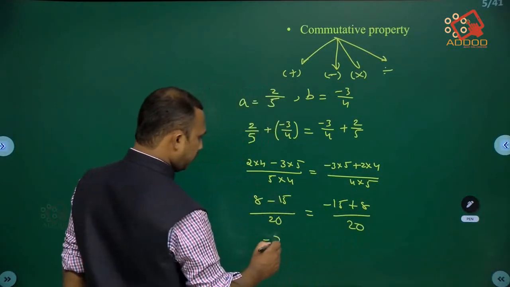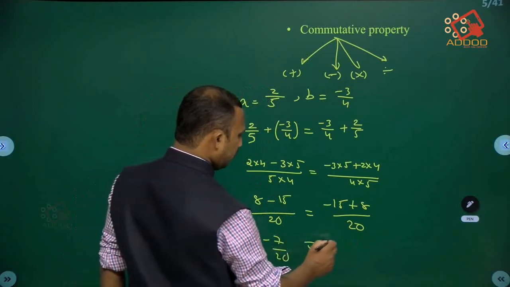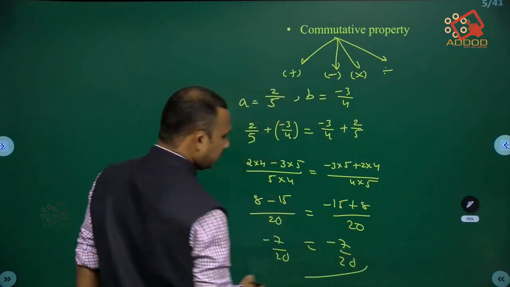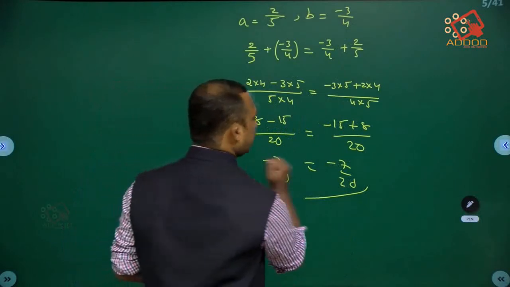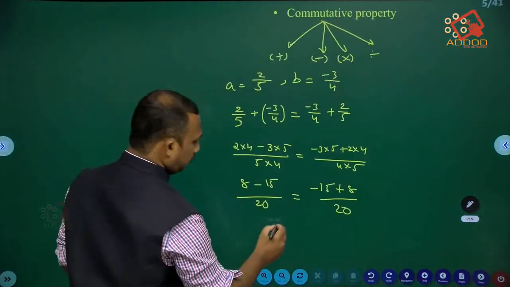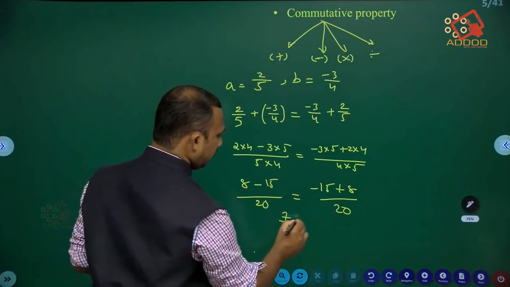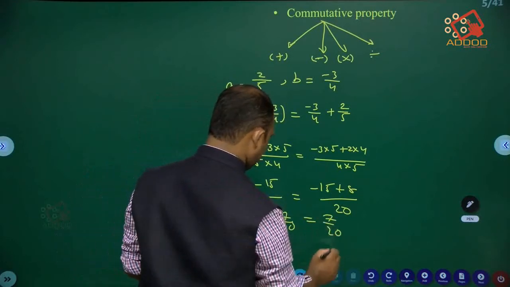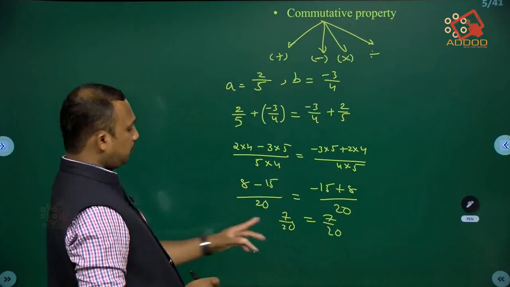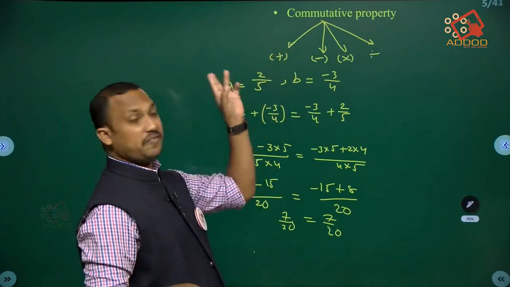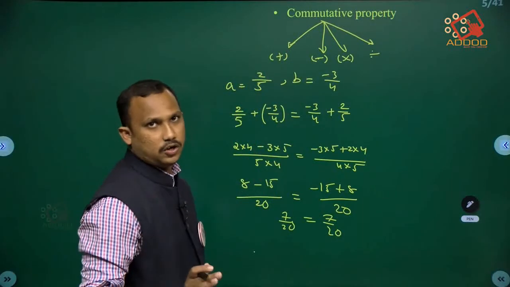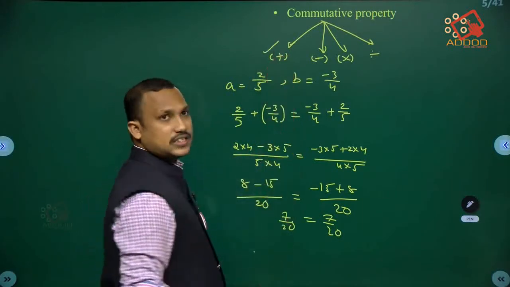So minus 7 by 20, minus 7 by 20. So both sides you got the same answer. Understand? So both sides you got minus 7 by 20 equal to minus 7 by 20. So in the commutative property, rational numbers will satisfy under addition. Okay, so addition is satisfied.